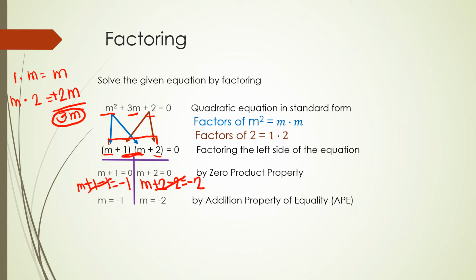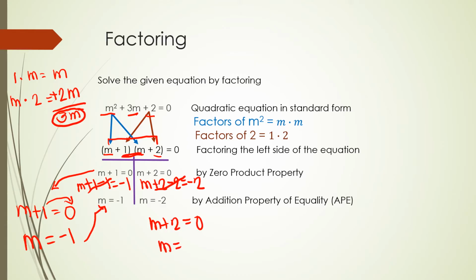Okay? Now, sa iba, para mas madali, since ang given mo, ito, si m plus 1 is equal to 0, lilipat siya on the other side, magpapalit siya ng sign. So, magiging m is equal to negative 1. So, parehas lang din dito. Ganun lang din dito, since the given is m plus 2 is equal to 0, magiging m is equal to negative 2. Lilipat na naman siya ng side.